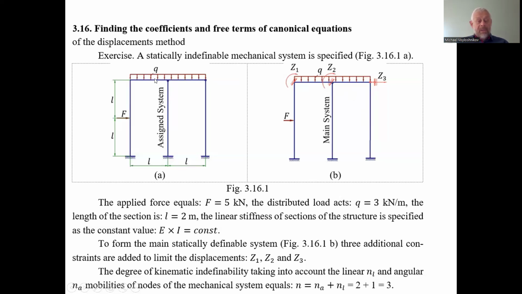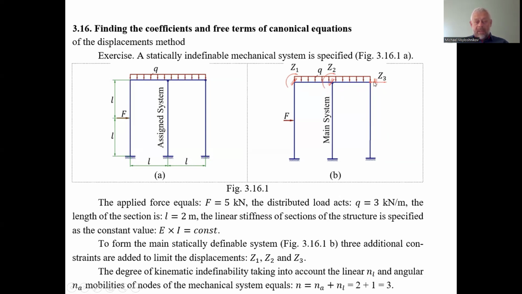The third node is a hinge in the assigned system. The second is a node, because we have a continuous horizontal beam on the upper part of the mechanical system. And this is the hinge, because we have 1 degree of the linear kinematic indefinability of the mechanical system, considering the hinged system of the assigned system. So we will use the extra rod as an extra support, which limits the horizontal motion of the system of this straight line of the nodes with the horizontal part of the system.